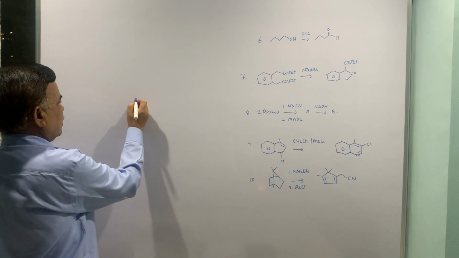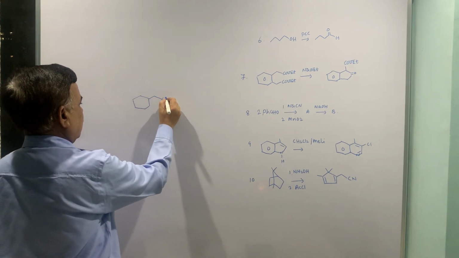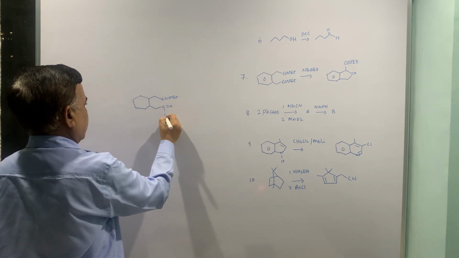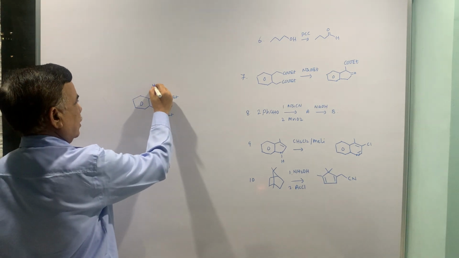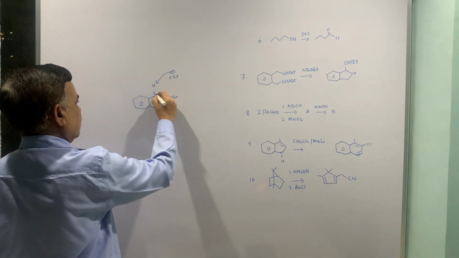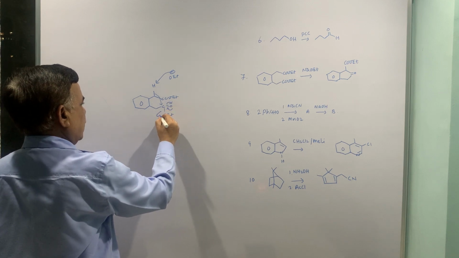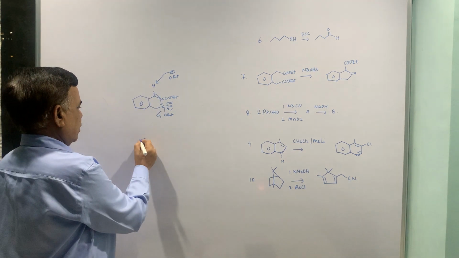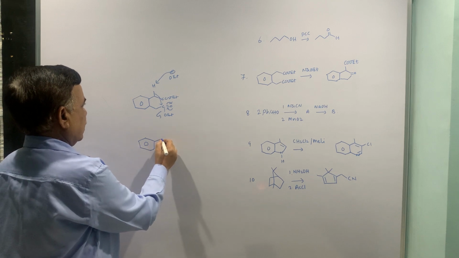The next reaction is COOEt. Aromatic ring is there. Ethoxide base is there, so it will not harm the ester, but it can bring about the abstraction of proton, and that is how the ring formation will take place.